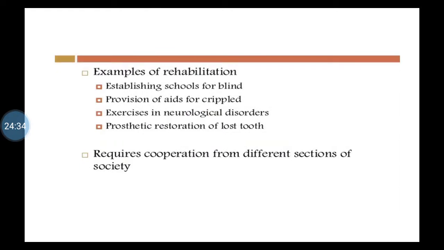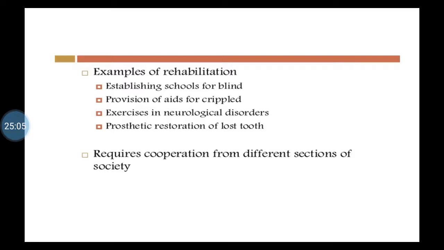Then there are certain examples of rehabilitation of patients, like establishing schools for the blind. Those who are blind have separate schools, isn't it? Then provision of aids for the crippled. So the person who has a crippled arm or crippled leg, because of their limitation, provisions are there, isn't it?